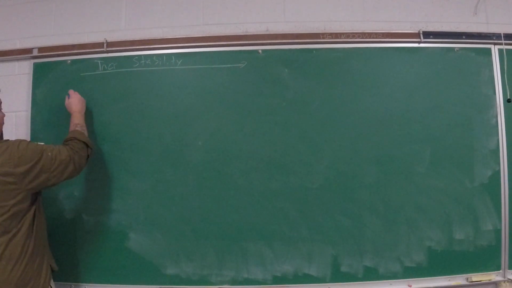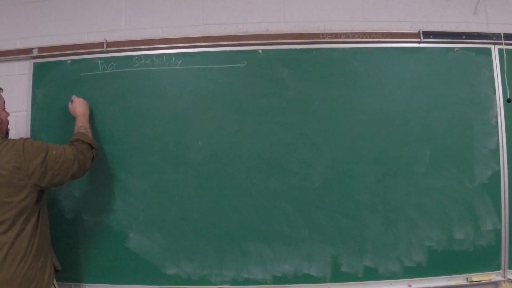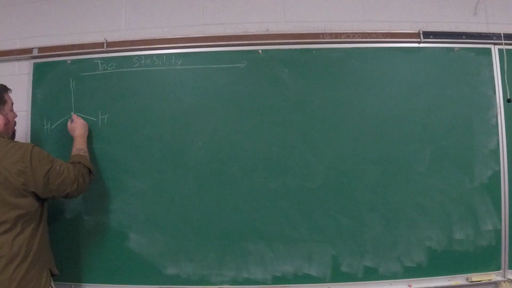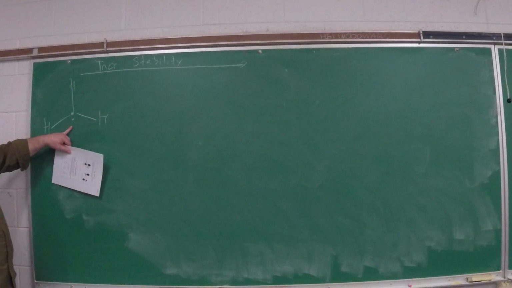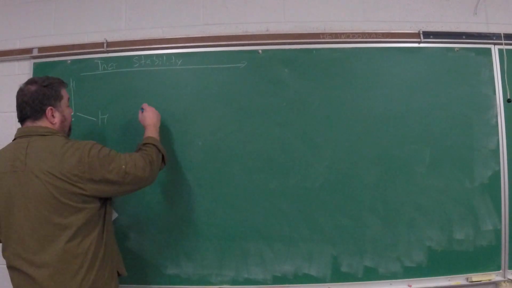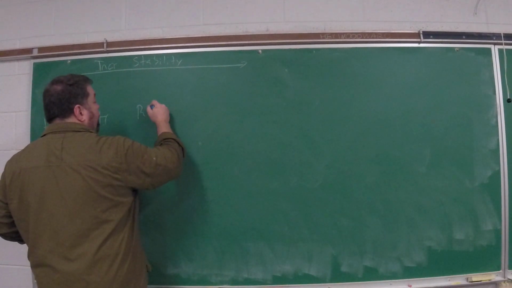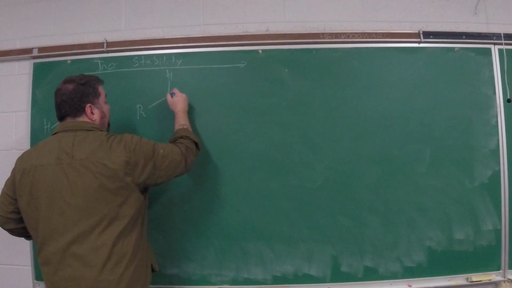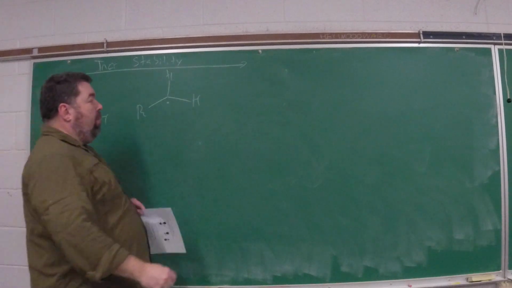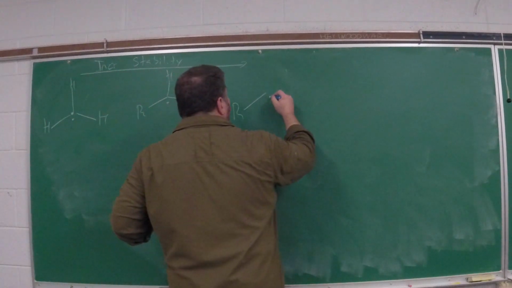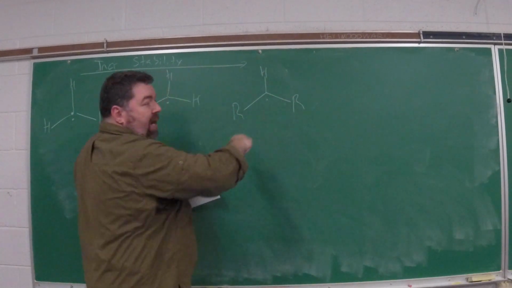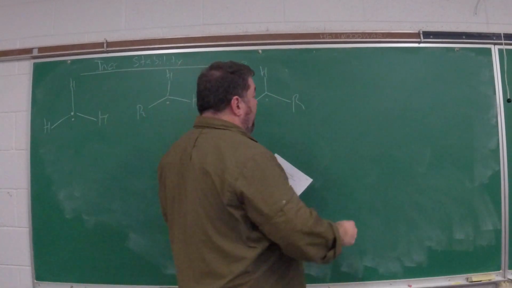So we have our methyl free radical. The carbon atoms here, this is the methyl. This is the most unstable. Then we're going to have primary, connected to one other carbon. Then we're going to have secondary, connected to two other carbons, and then finally, we're going to have tertiary.